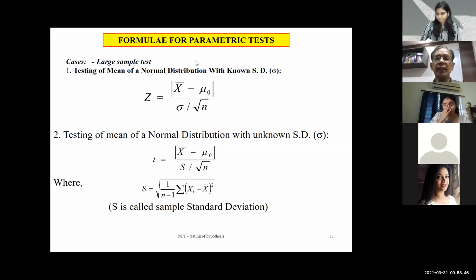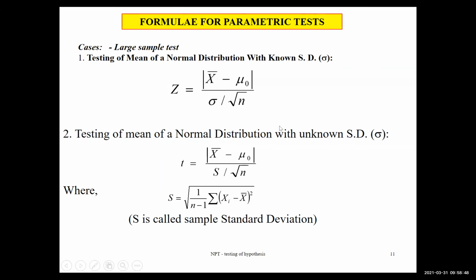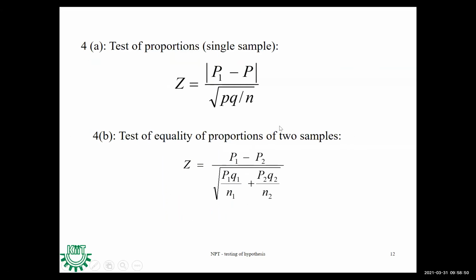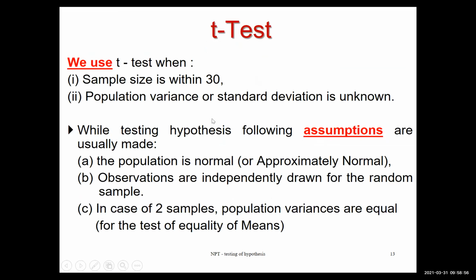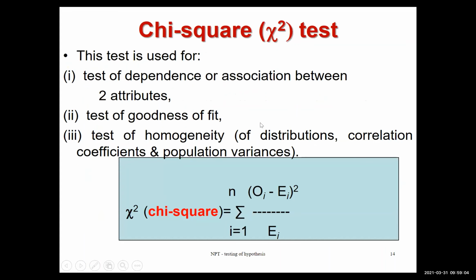What we covered in semester 1 are part of parametric tests. Here also capital P is part of the population, and these are the assumptions that we must know: the population is approximately normal. So again, this is parametric. This I'll be skipping.